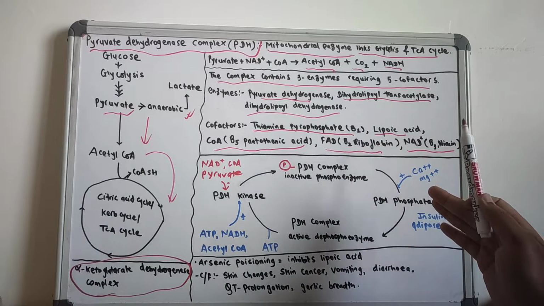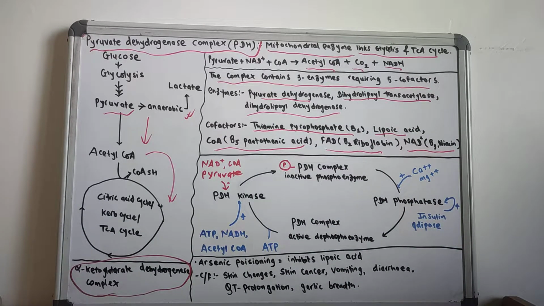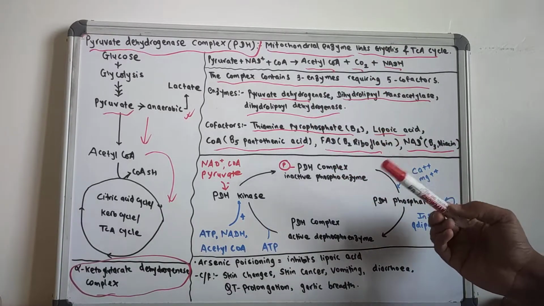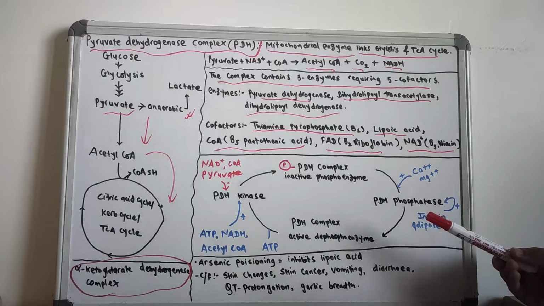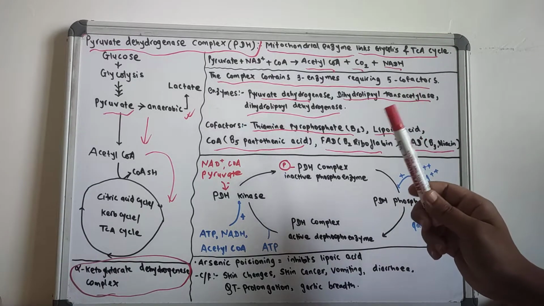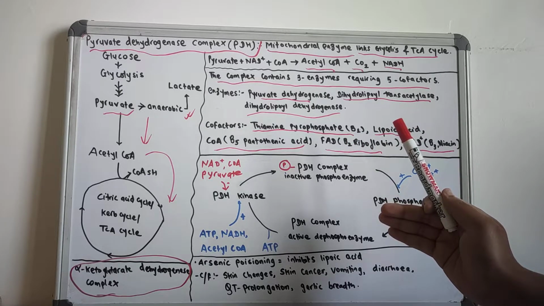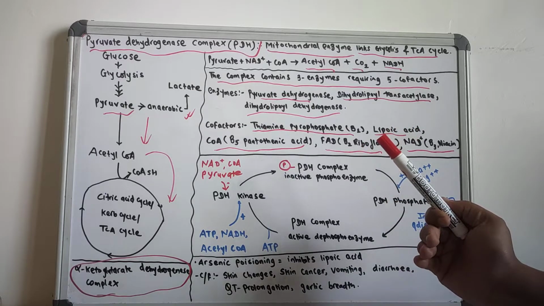Now let us discuss the regulation of the pyruvate dehydrogenase complex. In the regulation of the pyruvate dehydrogenase complex, we have to know that the pyruvate dehydrogenase is a good example of end-product inhibition. Besides this, the pyruvate dehydrogenase is also regulated by phosphorylation and dephosphorylation.